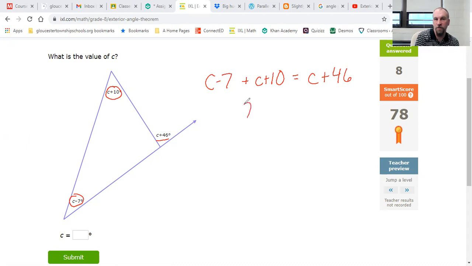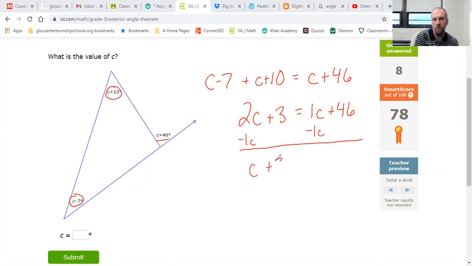I got two c's, and a negative 7 plus 10 is plus 3, is equal to, again, you might want to write the 1 in front of the c just to remind yourself that it's 1c. We'll make it a little easier to remember to subtract 1c here, because we're getting rid of the smaller set of variables. So 2c minus 1c, just 1c, plus 3 is equal to 46. Subtract 3 from both sides, and c is equal to 43.